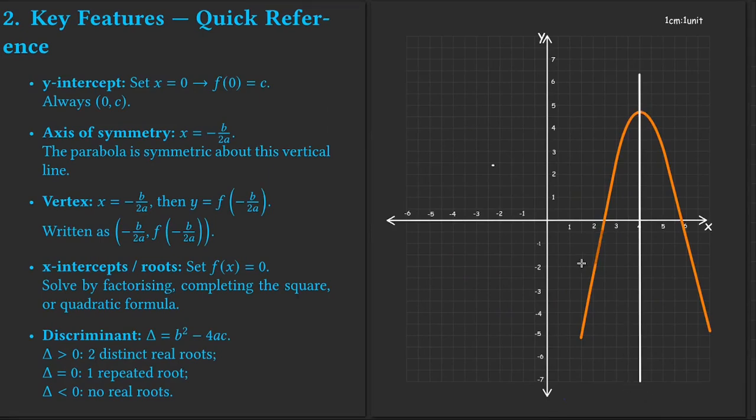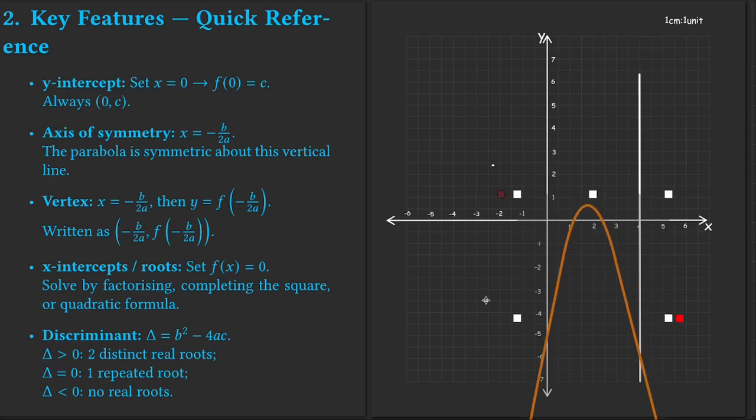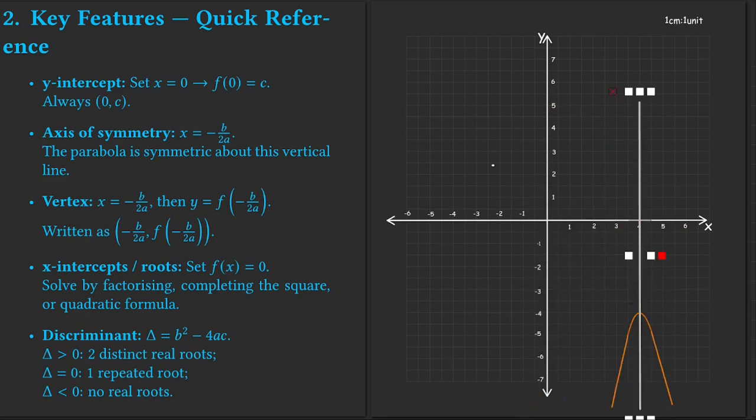So let's say it is going to be somewhere around here. Because this is the axis of symmetry, it is still the axis of symmetry, but the vertex of it is at negative 4. It is somewhere around here.